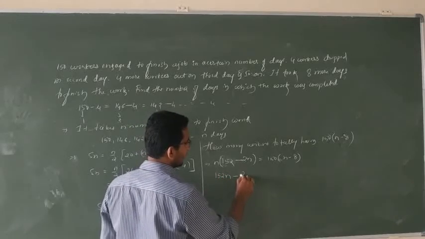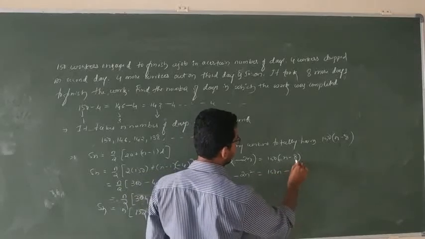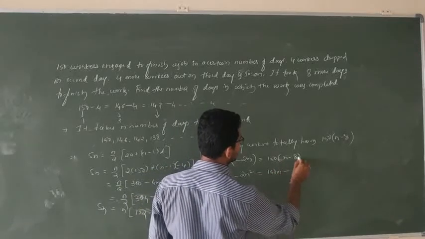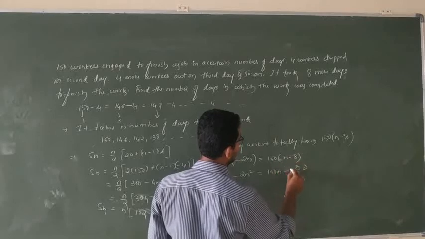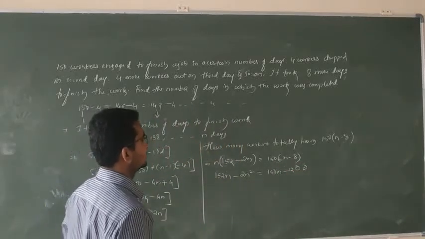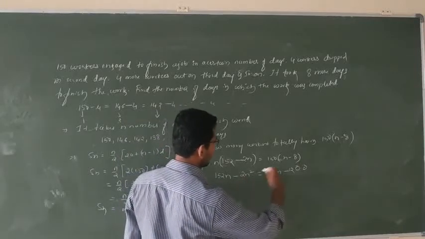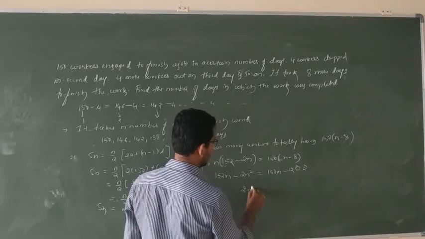Okay, then here what we have: 152n minus 2n square is equal to 150n minus 1200. So here I will take this to the RHS, which is 2n square.